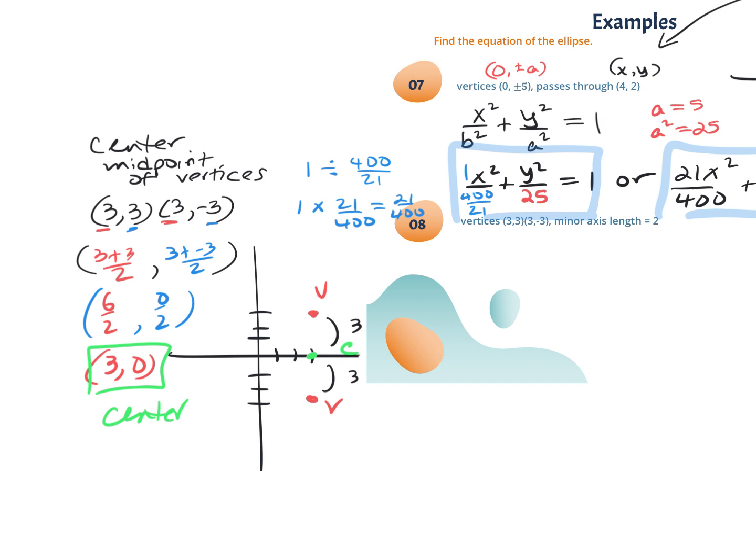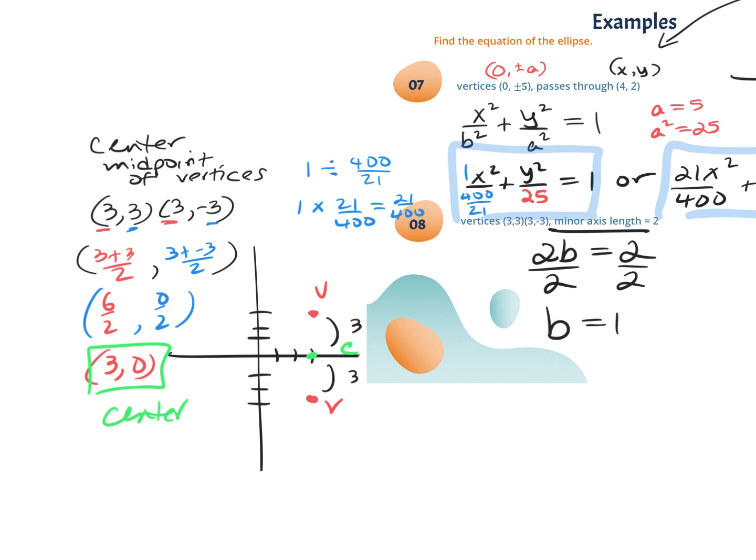So then now, also what I want you to do, oh, it's already changed for you. So minor axis length, remember back yesterday we saw in the notes that the minor axis length was always equal to 2 times b. So 2 times b equals 2. So I can go ahead and divide both sides by 2, and my b value is 1.